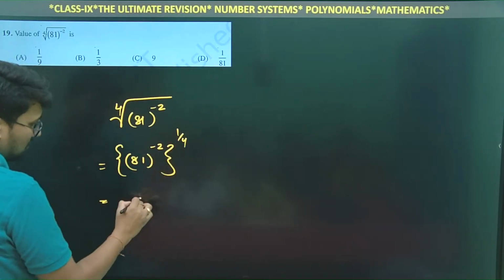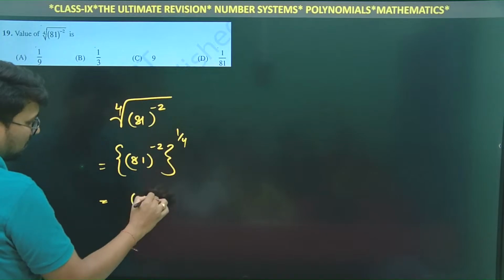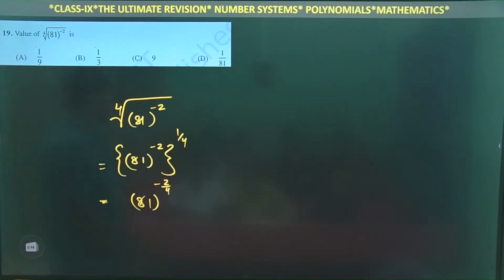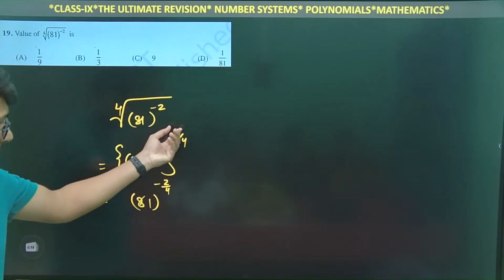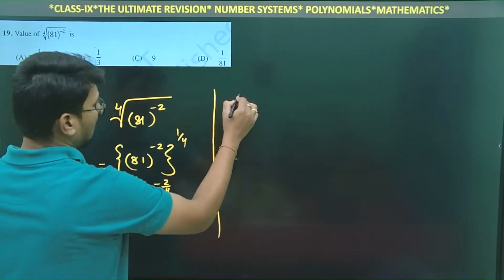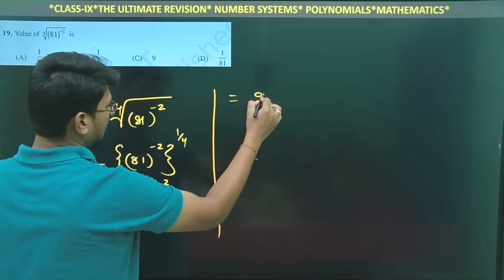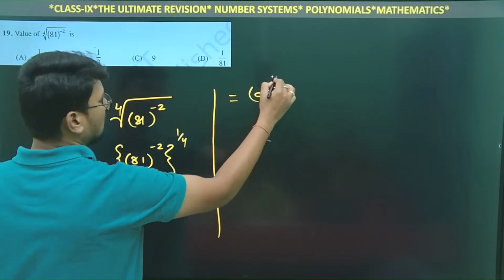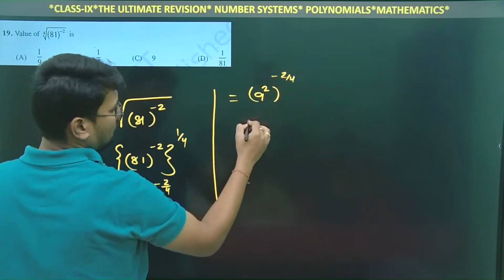That is 81 to the power 2 by 4. A to the power m whole to the power n is a to the power m into n. So therefore it will become how much? You want to write 9 square, whole to the power minus 2 by 4.